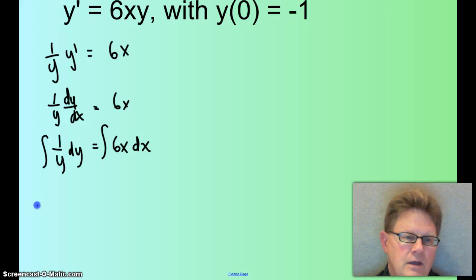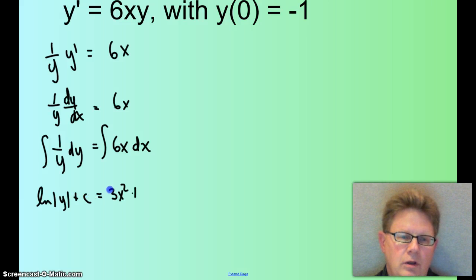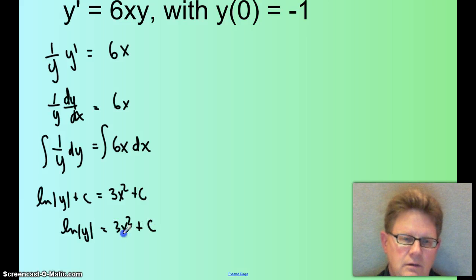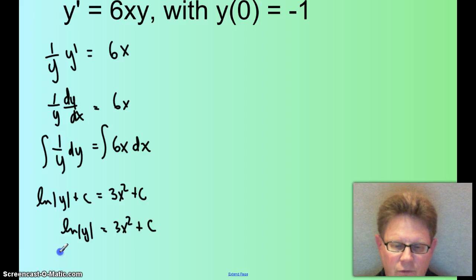So that would be the ln of the absolute value of y plus c equals 3x squared plus c. The ln of the absolute value of y equals 3x squared plus c. Exponentiate both sides.